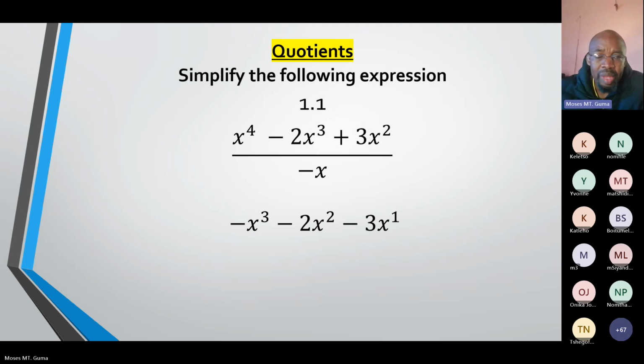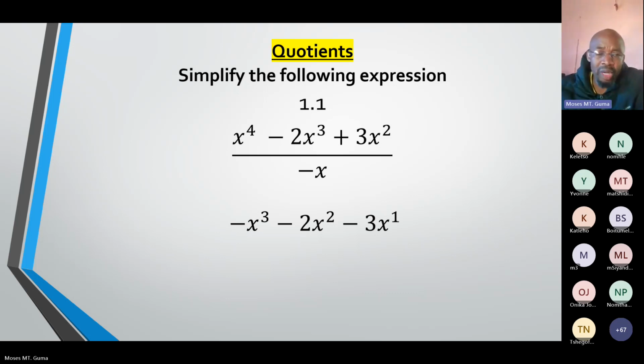That means it would be x to power 4 divided by negative x. Now, x to power 4 divided by negative x is a positive divided by a negative, which is a negative there. Now, x to power 4 divided by x.